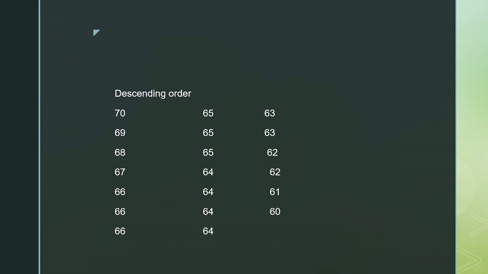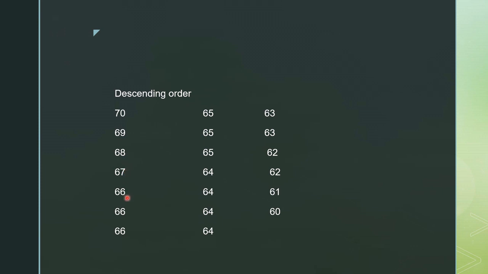So how do we solve this type of question? First of all, we have to write these x values in descending order, like this. 70 is the highest value of this array, so here we write 70. Next 69, then 68, then 67.